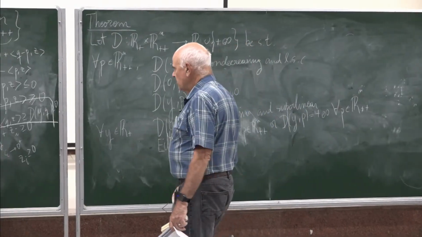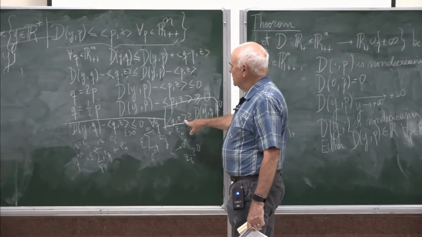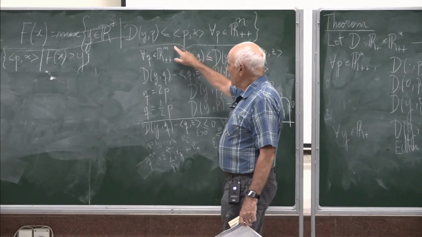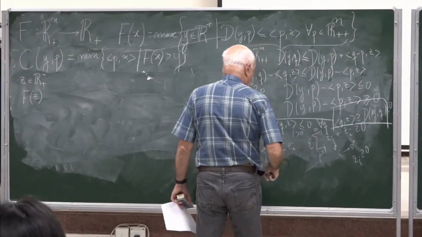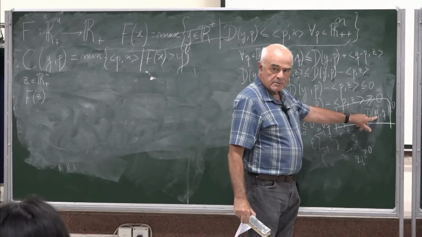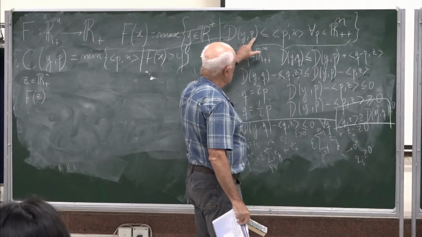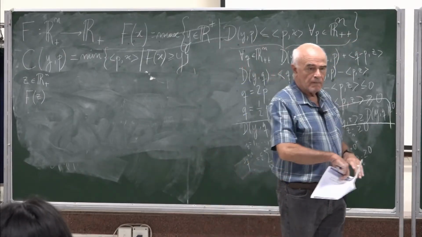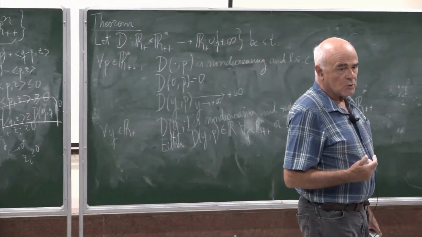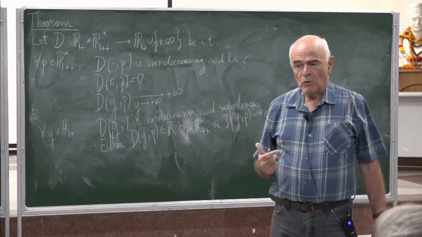It says that for that particular z, this y here satisfies all these conditions. So it must be less than or equal to the maximum of all those y's.